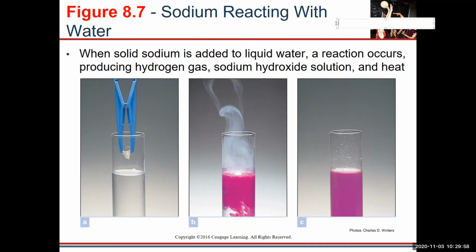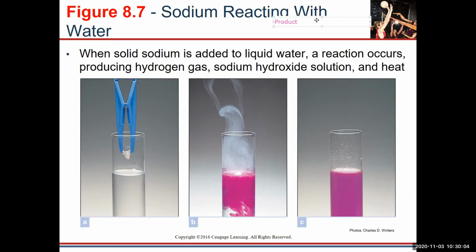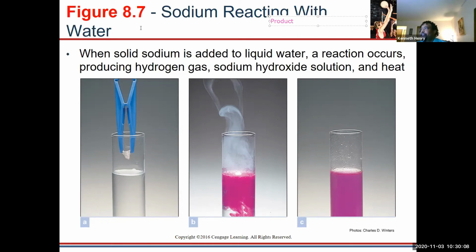Water. Is water my product or my reactant? Hydrogen gas, sodium hydroxide solution, and heat. Okay, so my products are going to be sodium hydroxide. What is the chemical formula for sodium hydroxide?